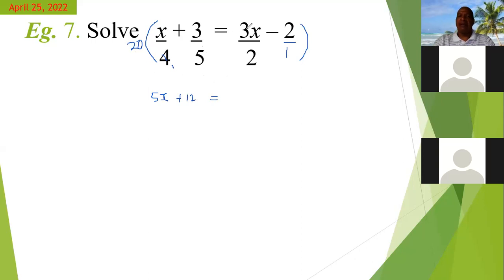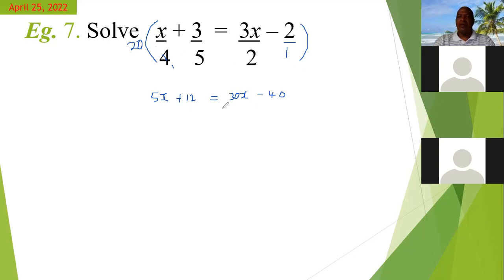So we take 10 times 3x, which gives you 30x, right. And so we say 1 into 20 gives you what? 20. And so we say 20 times negative 2 gives you negative 40. 40, right?